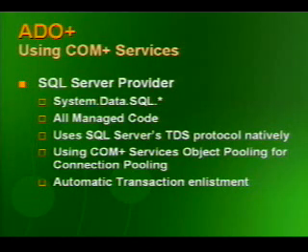This is the protocol that SQL Server can understand. The SQL Server provider uses COM+ services object pooling to perform connection pooling. And the way it does this is it puts a helper object in the pool, and this helper object holds on to the connection to the database.